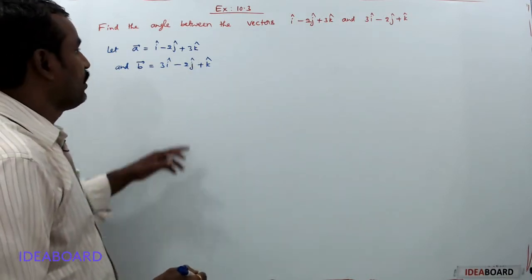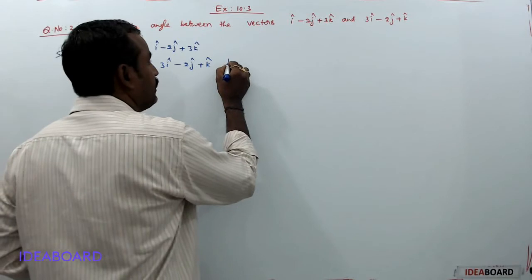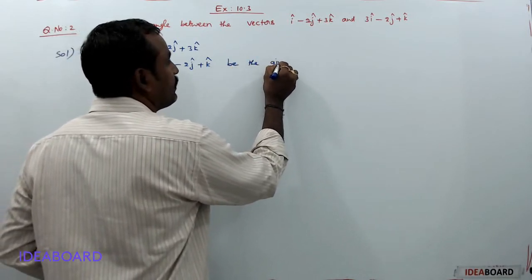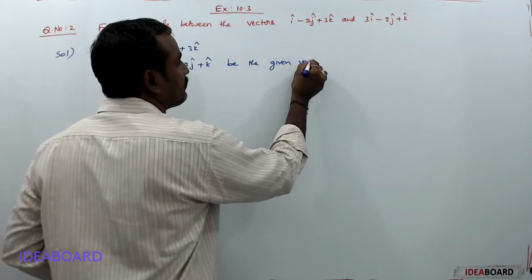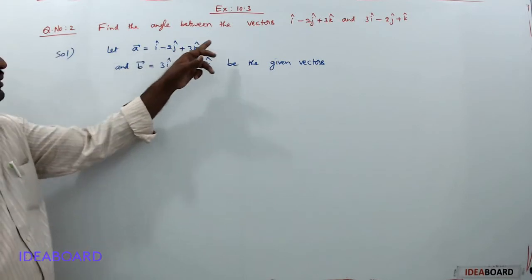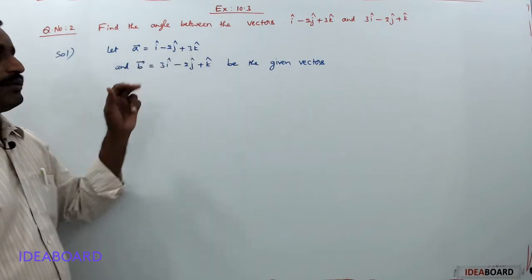So now A bar and B bar be the two given vectors.